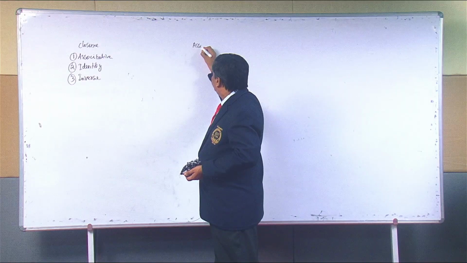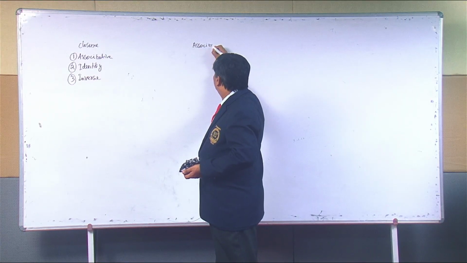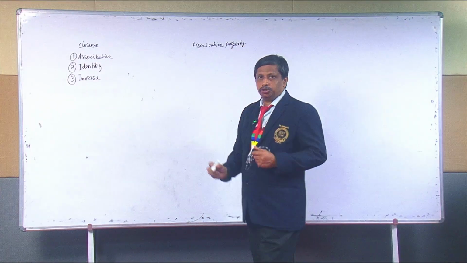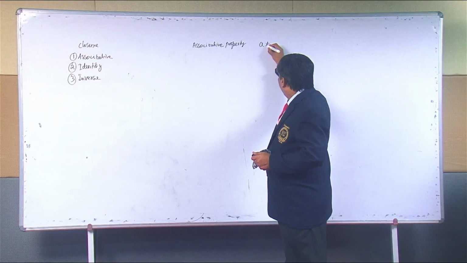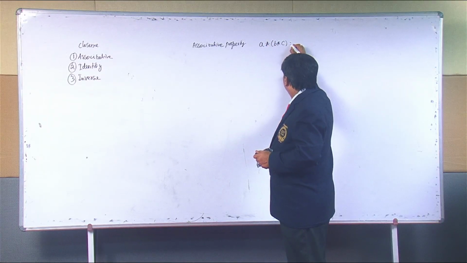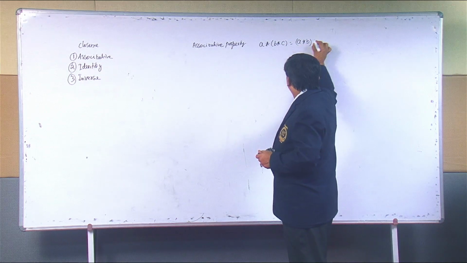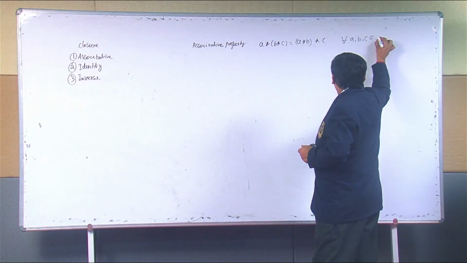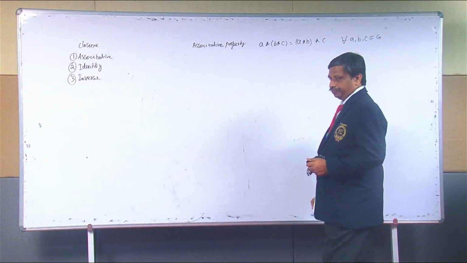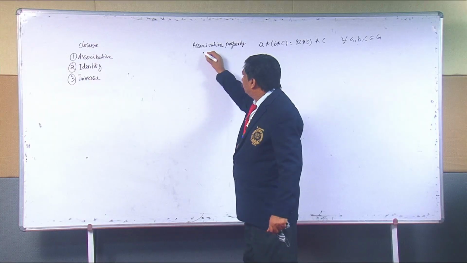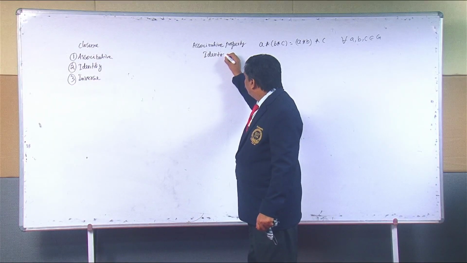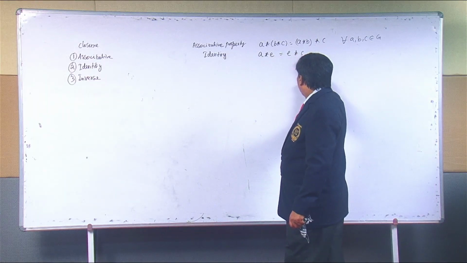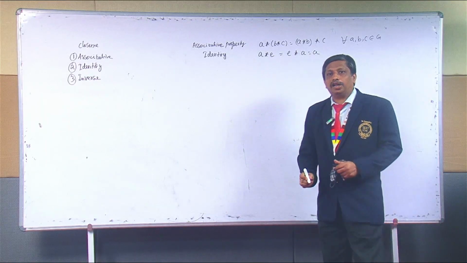Now we can come to the associative property. What is the associative property? (a star b) star c is equal to a star (b star c), for all a, b, c belonging to the set, here G. What is the identity property? a star e equals e star a equals a, where e is called the identity element.